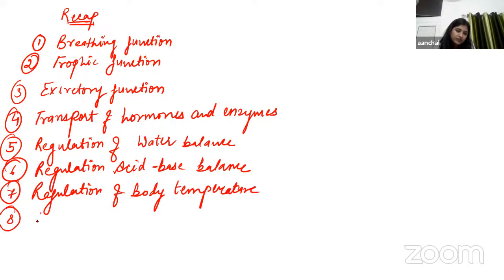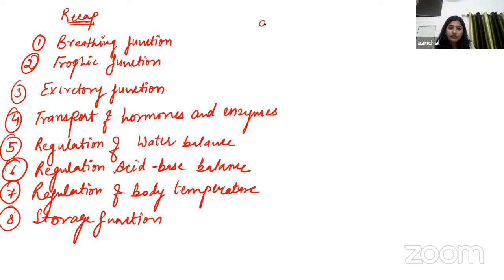Then storage function is there. So what is storage function? Water and some important substances like protein, like glucose, like sodium, right? are constantly required by the body. So blood serves as a ready-made source for these substances also. And these substances are taken from the blood during conditions like starvation or fluid loss or electrolyte loss, right?